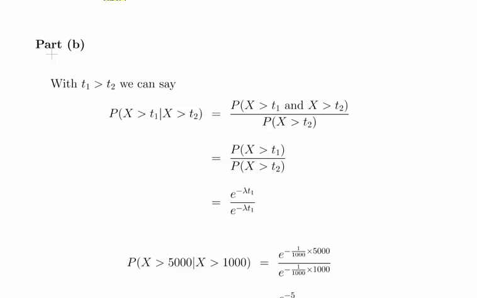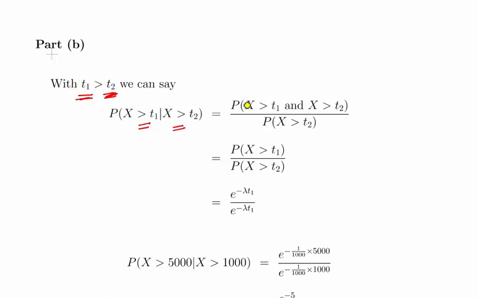Now, with t1 greater than t2, I usually use t for time, that's why I'm using t. The probability of X greater than t1, given X greater than t2, can be written using the conditional probability formula, as the probability of X greater than t1 and X greater than t2, over the probability of X greater than t2.